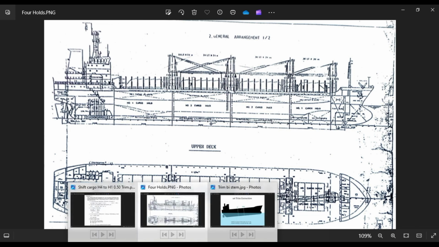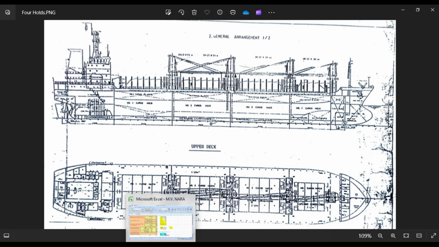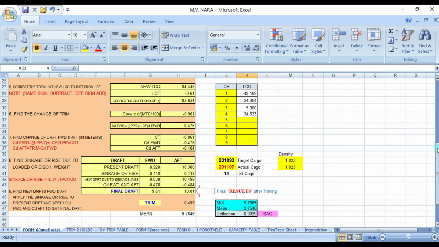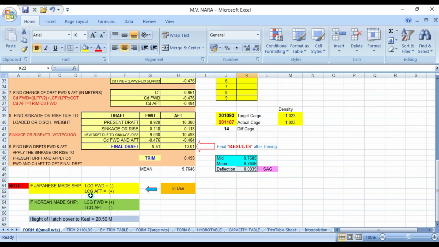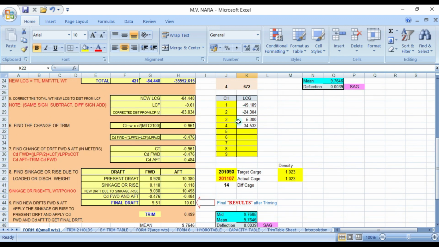Okay, and on the aft part, LCG aft will be positive, meaning holds 3 and 4 LCG should be positive because they are located in the aft part of the vessel.